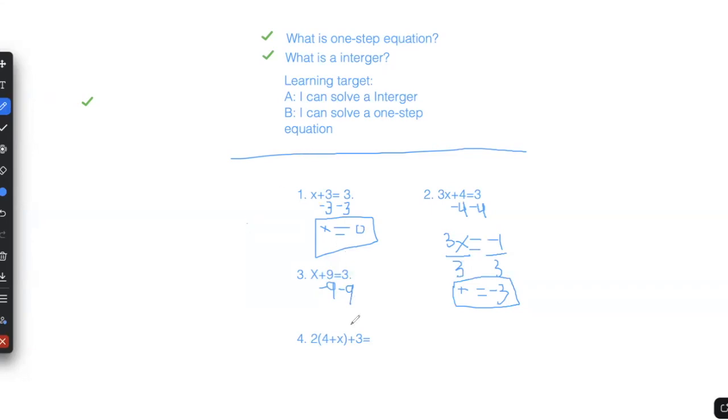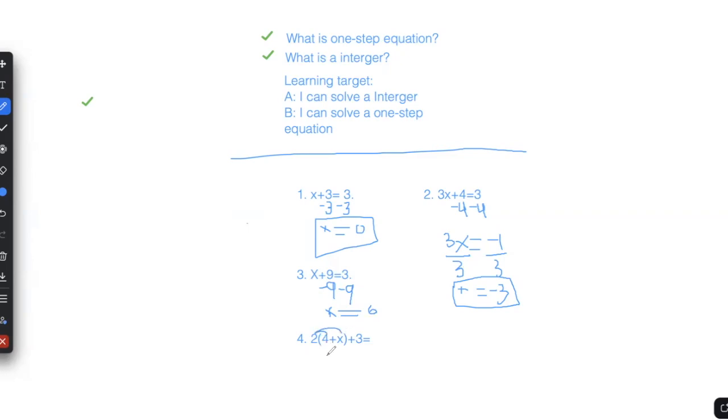Three minus 9, 6. So x equal to 6. Here we're gonna have a distribute property.